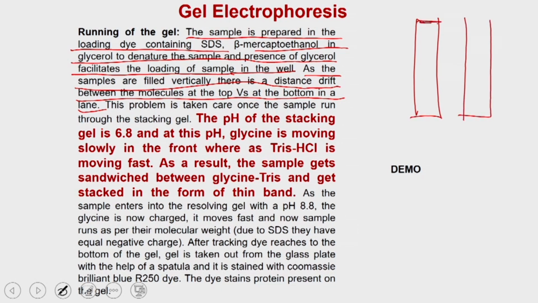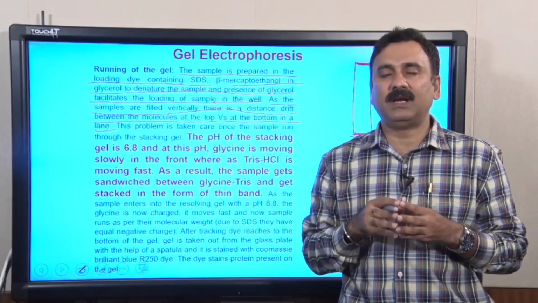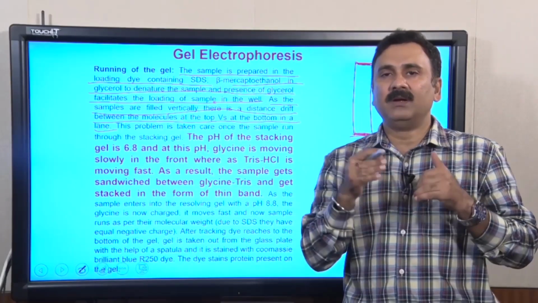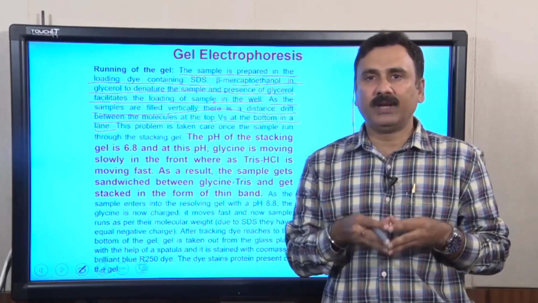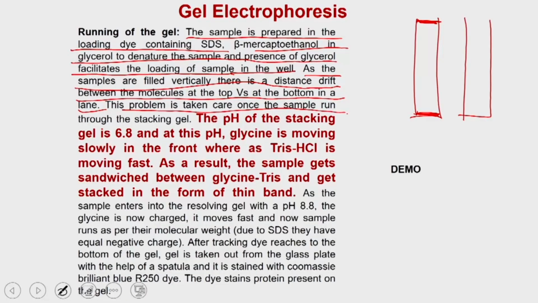So the molecule present here and the molecule present here are at a distance, and if you do not do anything so that they come together, they are going to have a separation between them, which is not okay. This problem is taken care of once the sample runs through the stacking gel.